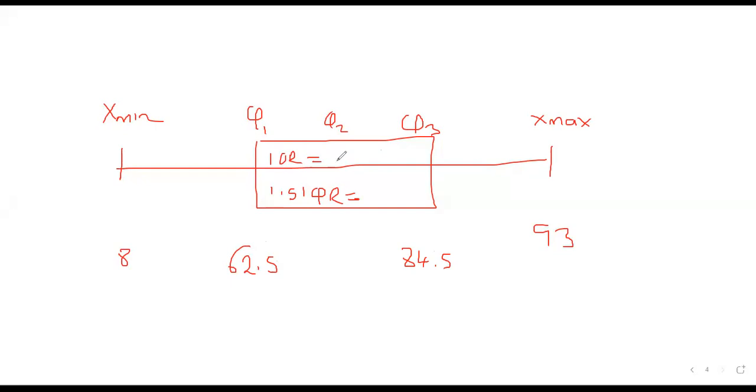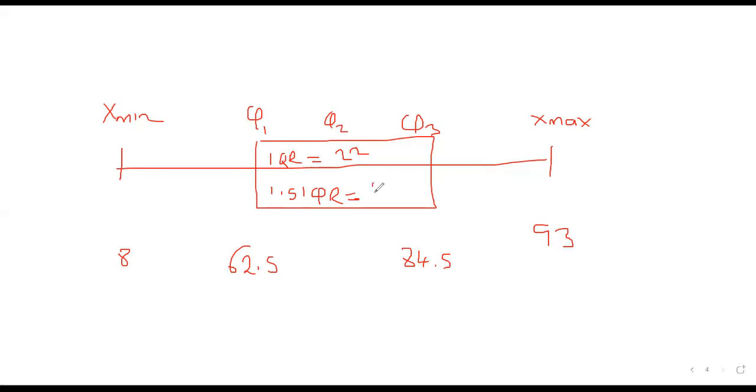We get 22. So this 22 you multiply times 1.5, it's a standard 1.5. What is 1.5 times 22? What do we get? We get 33.